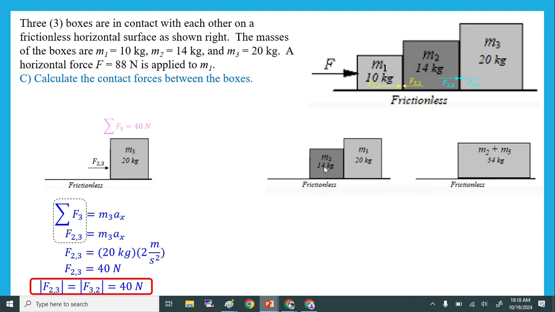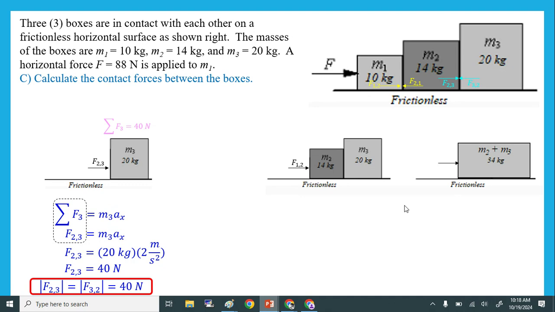So here in this diagram, I have M2 and M3. Now what's causing M2 and M3 to accelerate to the right is this particular force here, F12. Okay, so F12 here, this is where the boundary is, but if you look to the right of it, you have M2 and M3. So what I've done is I've just combined M2 and M3 into just one big box. So here I put M2 plus M3, which is 34 kilograms, because 14 plus 20 is 34 kilograms.